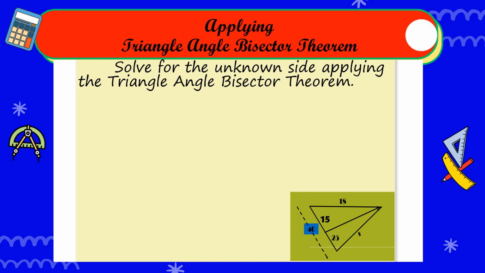But first, we need to see to it that in this figure, one angle of this triangle has a segment which bisects it, the angle bisector. So based on the TABT, we have the following proportional segments.